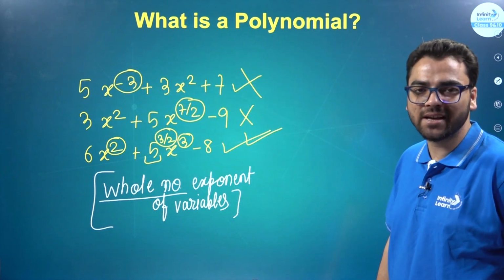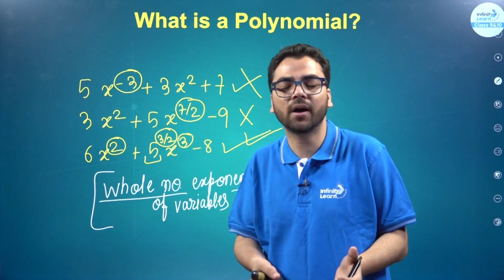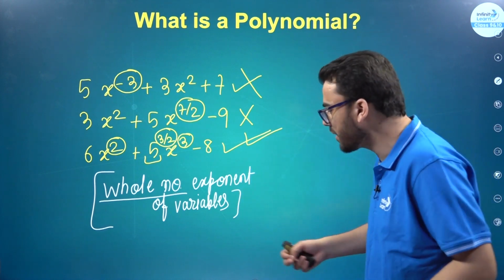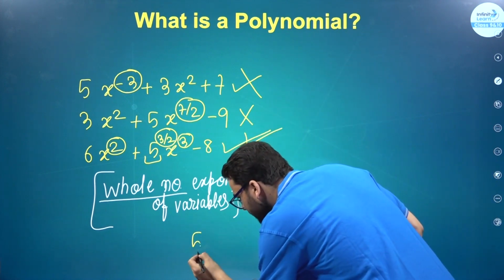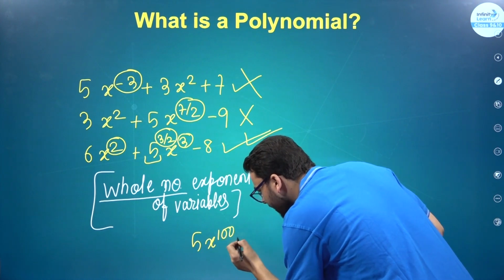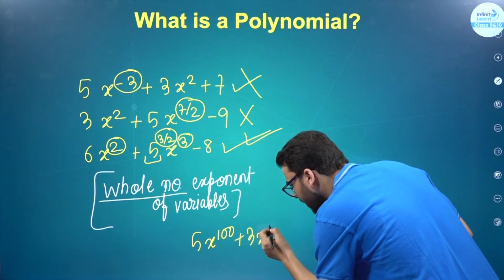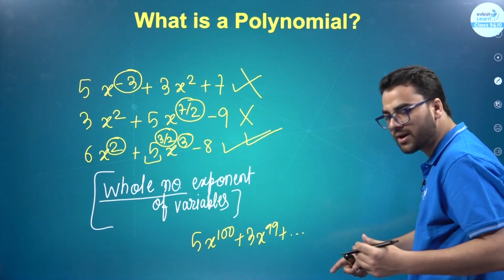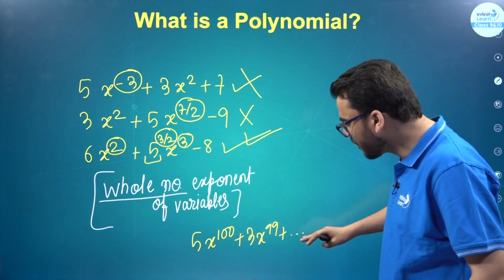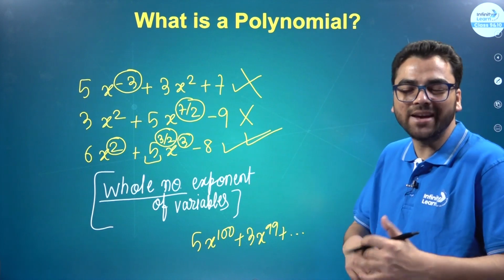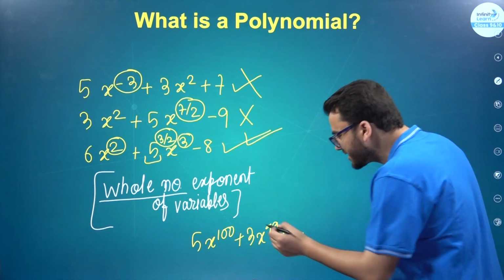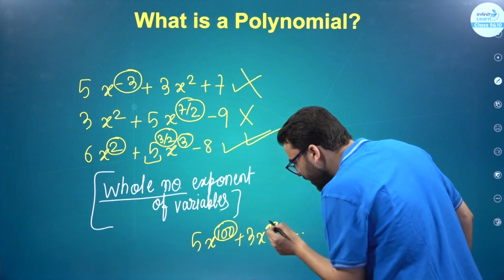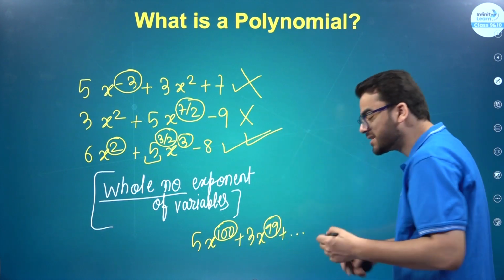And one more thing is there, infinite number of terms cannot be there. For example, if you are taking suppose 5x raised to the power 100, suppose 3x raised to the power 99 and so on, and you have put these three dots, what does it mean? That it is going on up till infinity. Now you might argue over here that it's having whole number exponent of variables, but is it a polynomial?